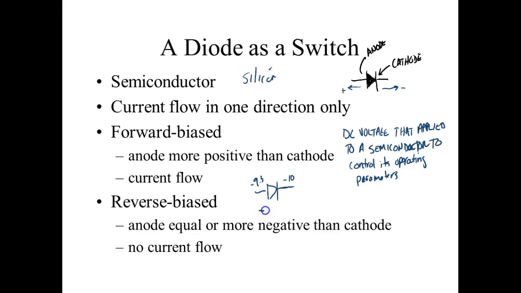And a silicon diode, we have a rating called VF, which is the forward bias voltage drop, and it's equal to approximately 7/10 of a volt. Now it varies with current. So the more current you have flowing through it, it's going to drop a little more. The less you have, a little less. But you'll find out 7/10 of a volt works out real well for silicon, and they're the predominant diodes.